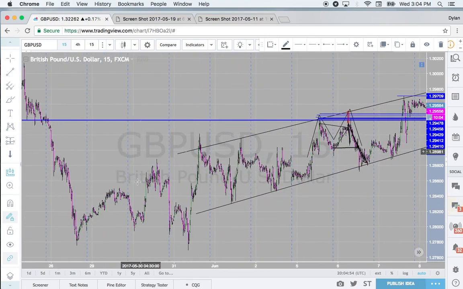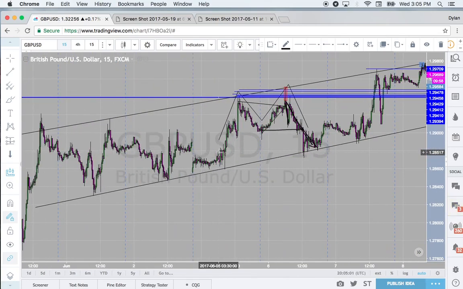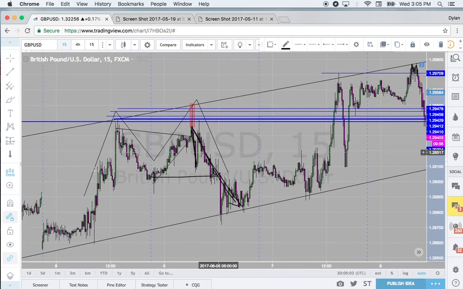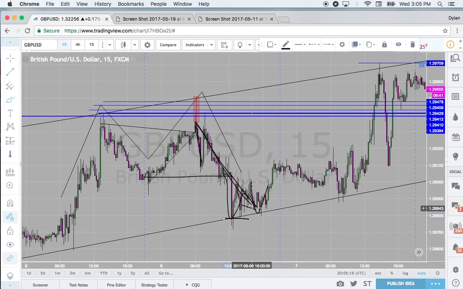In this case, if you were going with the trend, you could have taken this W formation right here. You could have seen this violent breakout to the low, and then that W formation.